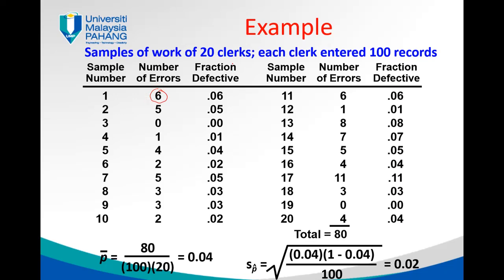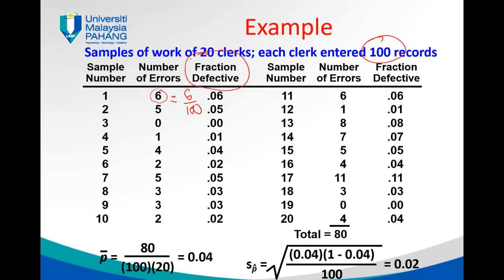The fraction defective here is calculated as the number of errors divided by the total count, which is 100 here. So 5 divided by 100, 0 divided by 100, and so on. From there you can calculate the fraction defective.